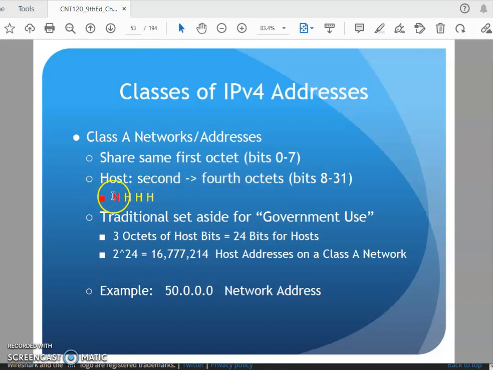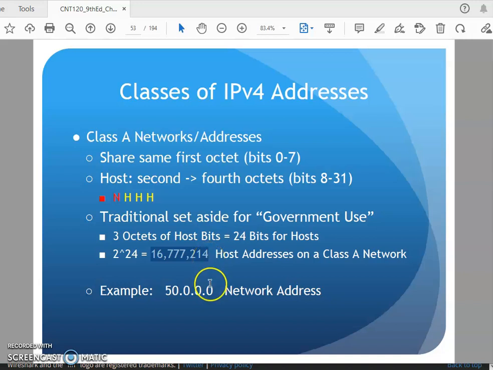The first octet identifies your network. The remaining 3 you use however you want for all the hosts in your network. So with 24 bits available for hosts, 2 to the 24, because we're binary, meant that there were 16,777,214 addresses for my nodes, my hosts, my computers on my network.